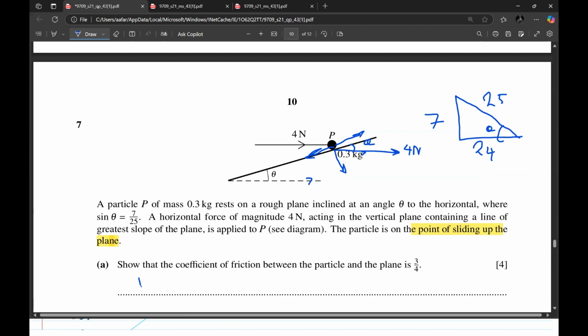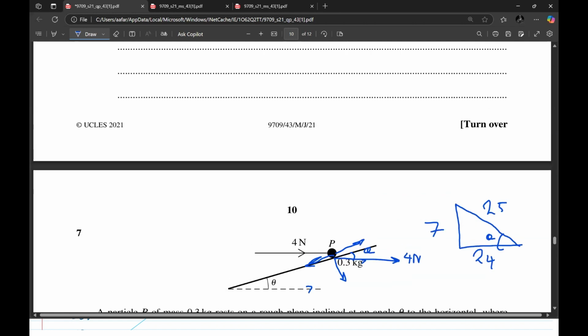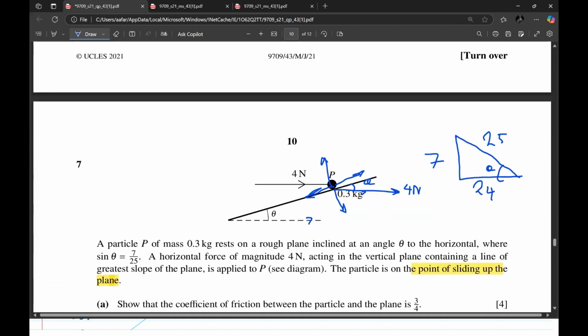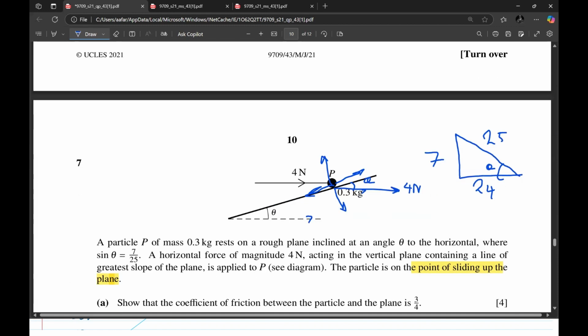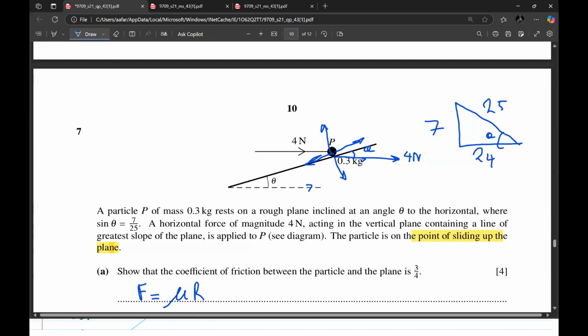So to find the frictional force, we know frictional force is equal to mu R. What will be the R? R is basically the reaction force, right? So what are the components of forces acting downwards? R is the one which is opposing those downward forces. We know one is basically the component of gravity, which will be mg cos theta.